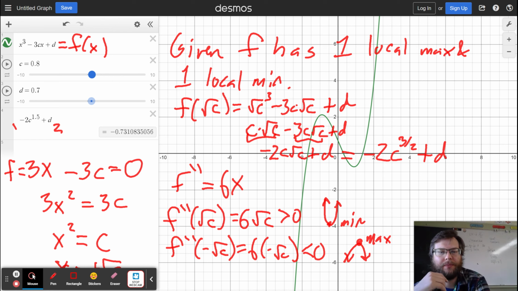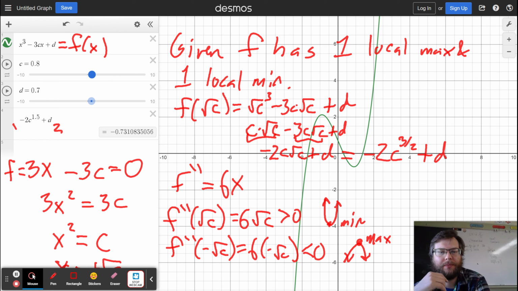So the local maximum, we would say negative root c cubed minus 3c negative root c plus d. This looks very similar to before. This is negative c root c, and this is positive 3c root c plus d. So we get almost the same thing, positive 2c root c plus d.